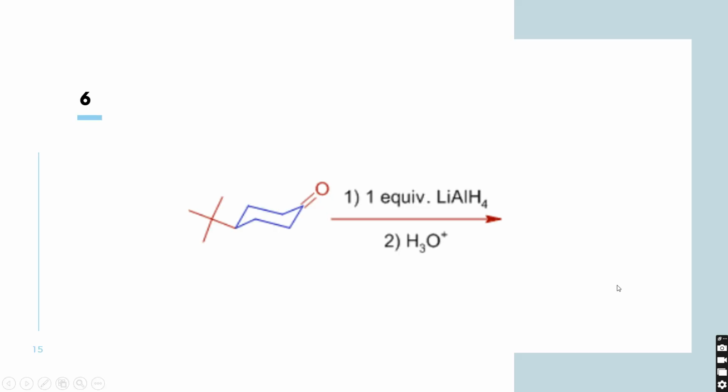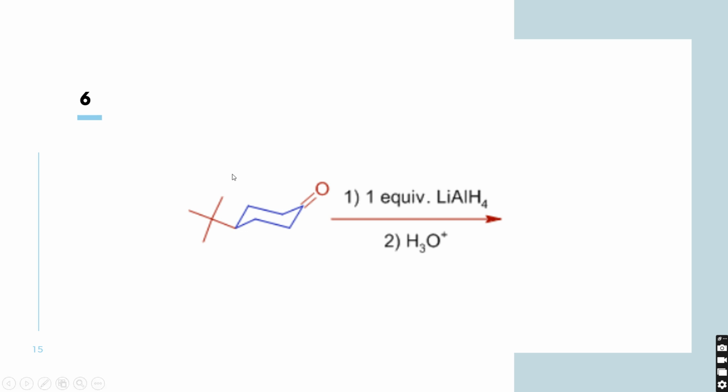So next question is coming from the LAH reduction part. There are so many questions that were solved in the video lectures, which were from LAH, NaBH4, lithium borohydride, sodium cyanoborohydride, etc. So let us solve this question step by step.